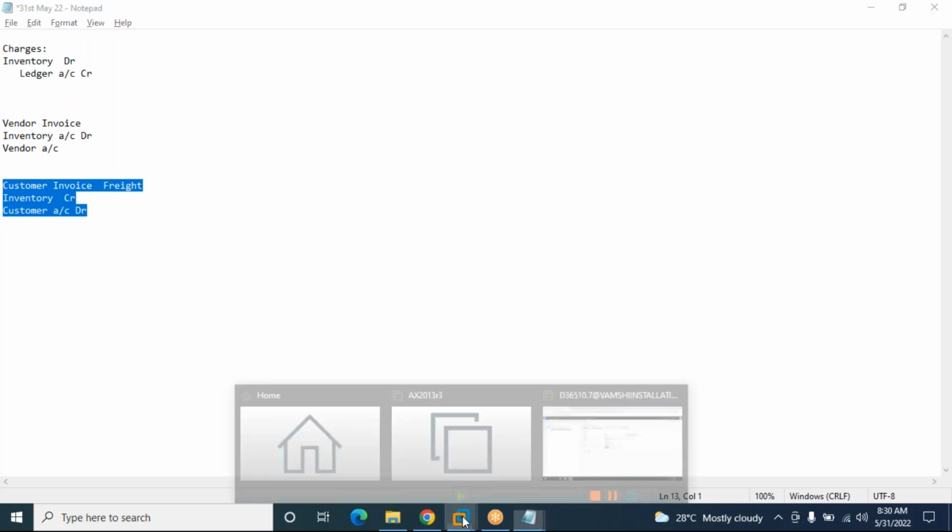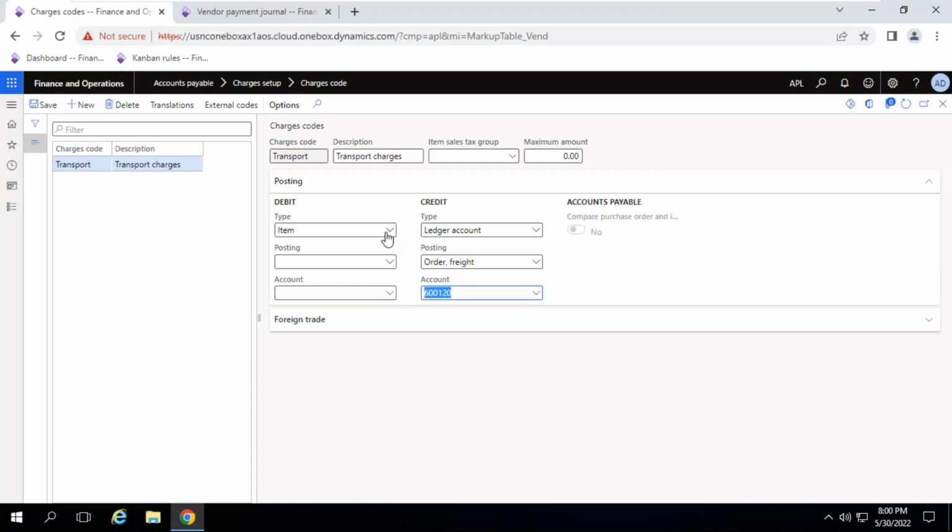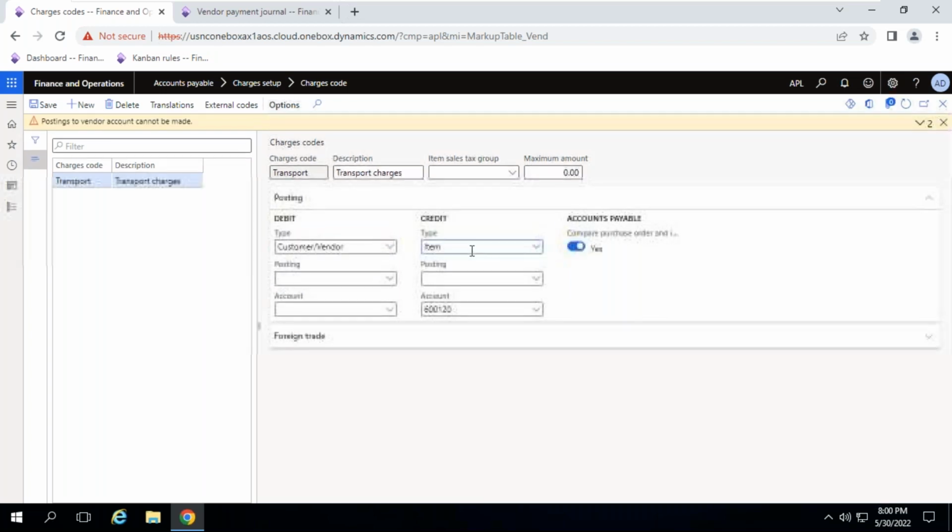Then you will map like this. Customer debit. And whether you want to map to a ledger account or an item, item is not required, ledger account. Otherwise, if I want to show it as revenue, a revenue account, you can select that. Agree?